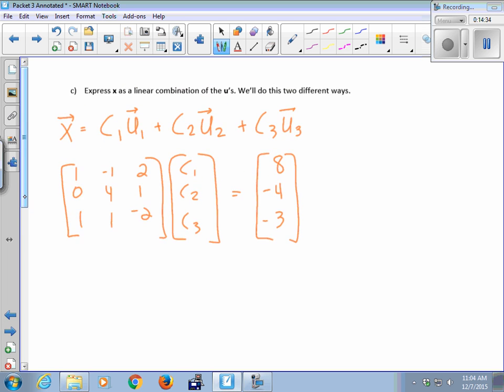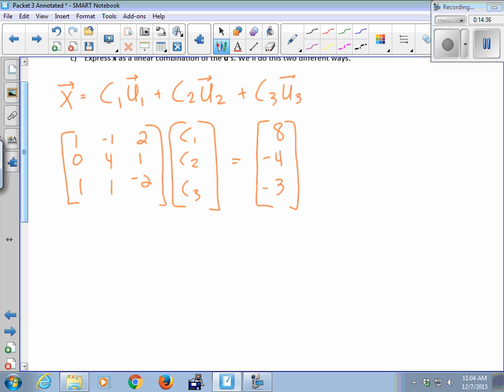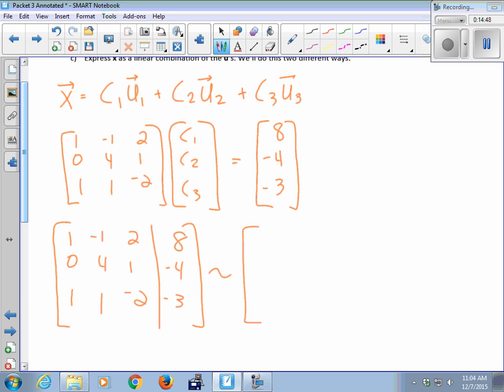Okay, so I'm going to do this two ways. The way we already know how to do it is to augment, and we get the identity matrix with 5 halves, -3 halves, 2.